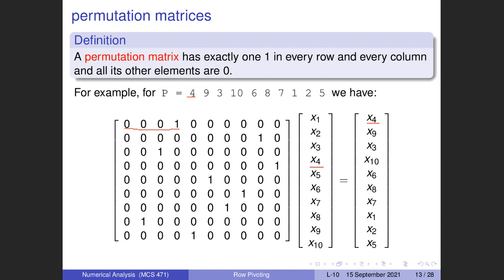The first element in your new vector was the 4th element in the original vector. The second element was the 9th element. So you can read off how the indexing happened. It's a simple scan through the vector to do the matrix vector multiplication.